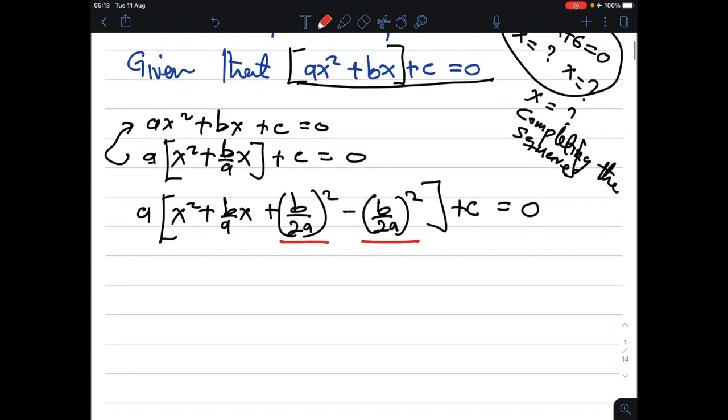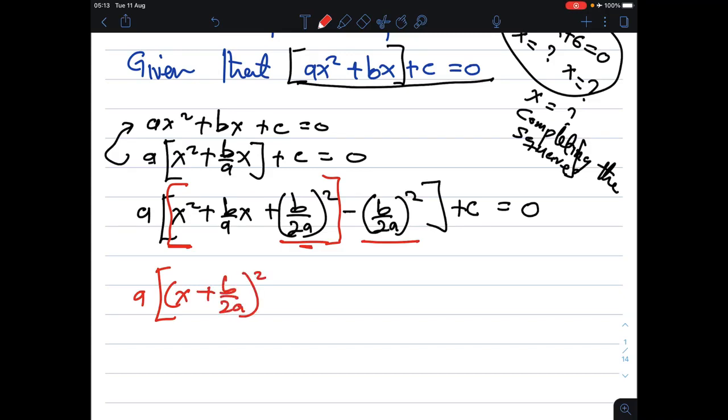then the next thing that we want to do is to compress from here to there. Okay, and that is what we call completing the square, right? So we have a, okay, so to compress from this side to that side will be x plus b over 2a all squared.